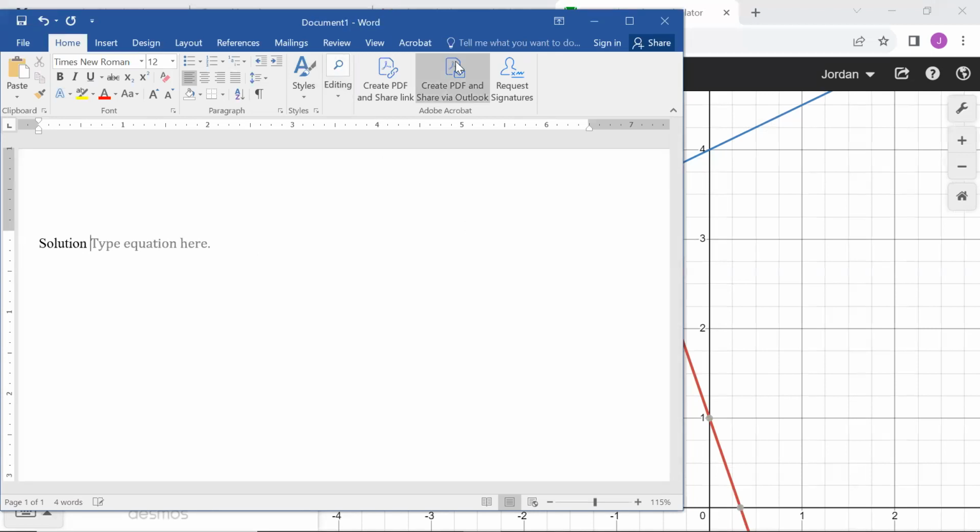The solution to this one is actually the point -6/7, and then 3 and 4/7.